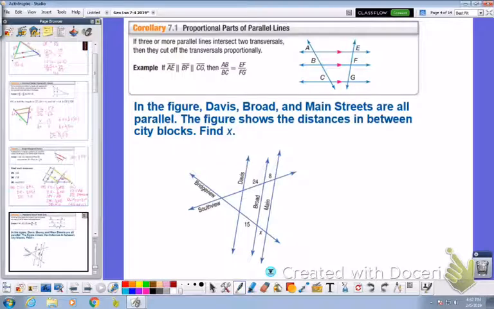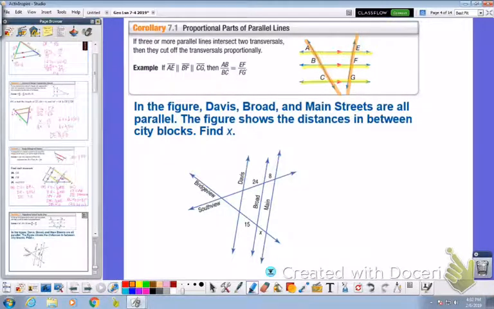Here is corollary 7.1, which states proportional parts of parallel lines. If three or more lines are parallel, intersected by two transversals, then they cut off the transversals proportionately. Meaning, if you look at this, we've got 3 lines that are parallel. We've got transversals.